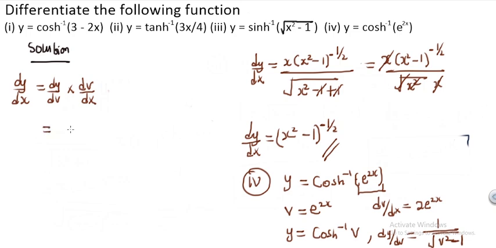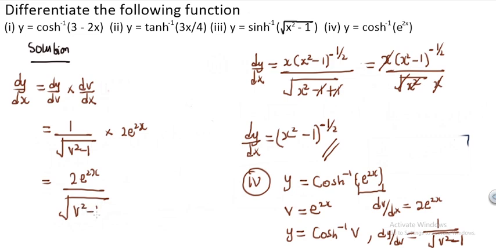So this will be equal to 1 over √(v² − 1) times dv/dx, which is 2e^(2x).